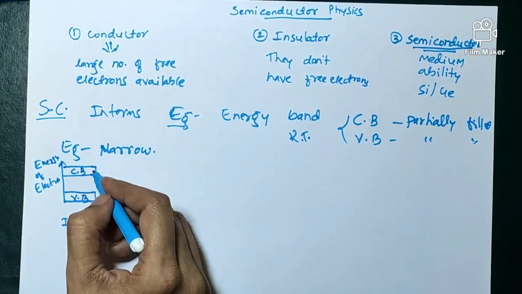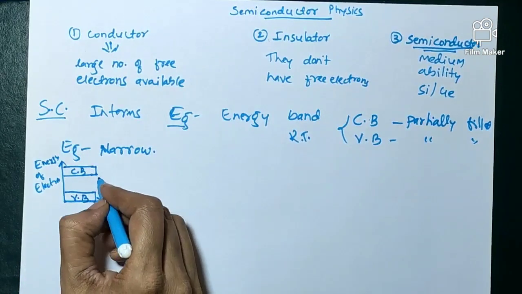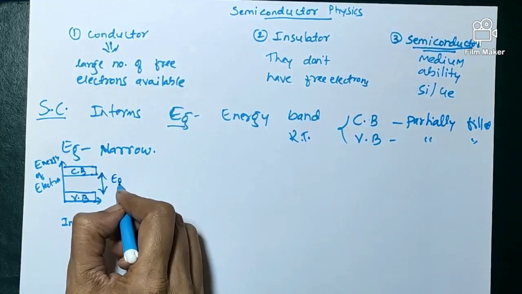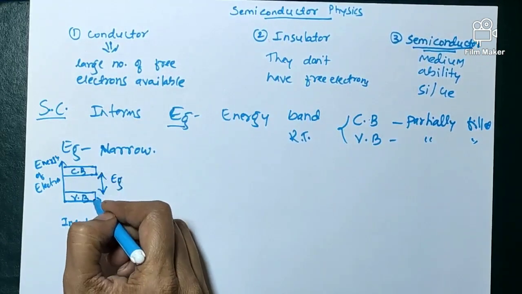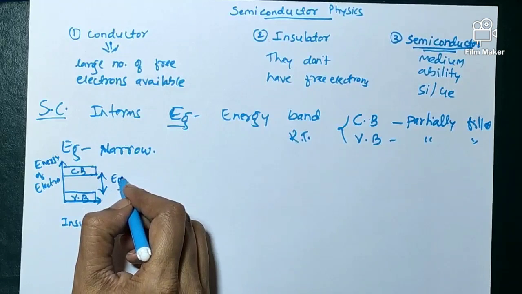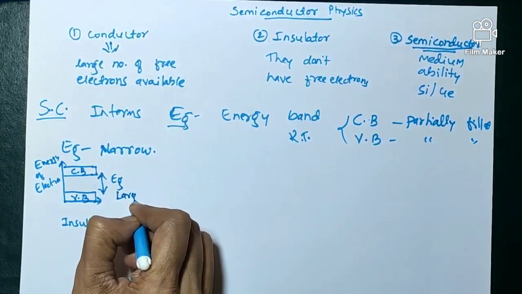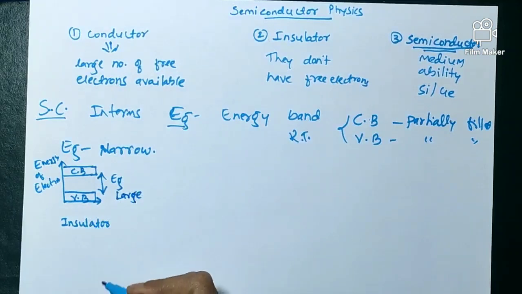The gap between the conduction band and the valence band is EG, the energy gap, and it is large in the case of insulators.